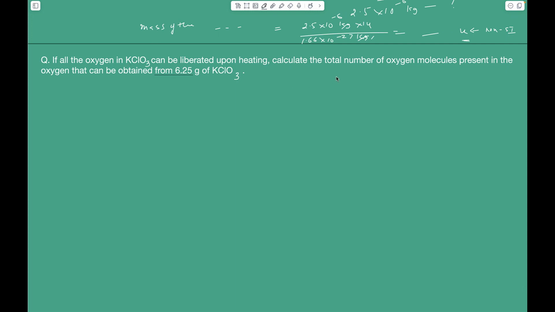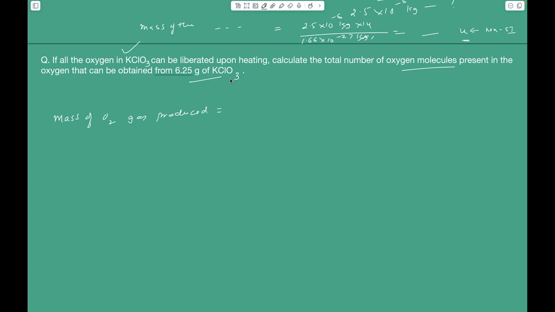This question says, if all the oxygen in potassium chlorate can be liberated upon heating, calculate the total number of oxygen molecules that can be produced from so much of potassium chlorate. Obviously, to figure out the number of oxygen molecules produced, you must know the mass of oxygen gas produced from this sample.